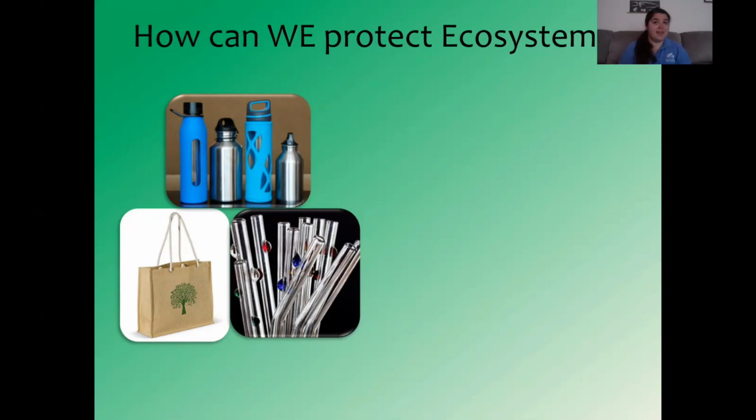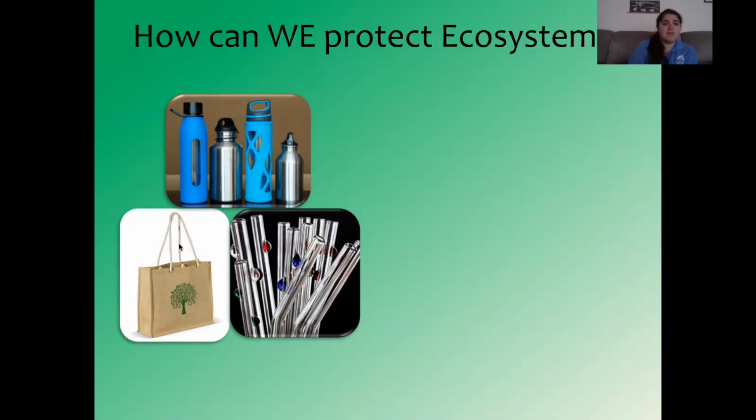Recycling is really great, but it's even better to try to reduce our use of that single-use plastic. A few ways we can do that is by using refillable water bottles rather than those plastic one-time use water bottles that you just recycle. By using these refillable ones, we aren't wasting those single-use plastic water bottles.